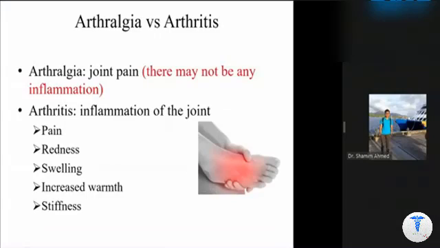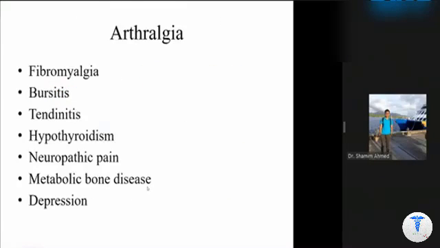Now, during history taking and examination, we have to identify whether the pain is true arthritis or arthralgia. What is the difference between arthralgia and arthritis? Arthralgia means only pain in the joint. There may not be any signs of inflammation, but arthritis means inflammation of the joint. Here, pain, redness, swelling, increased warmth, and stiffness are present.